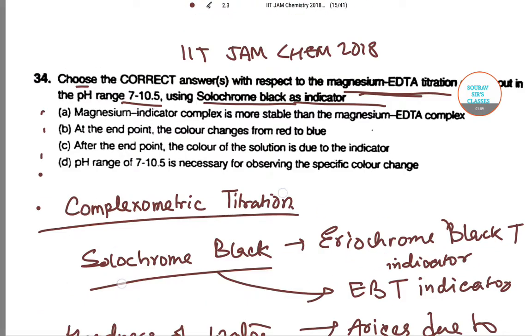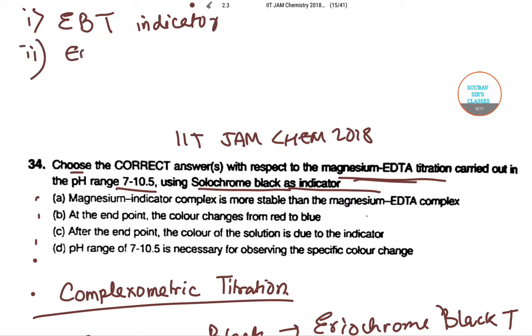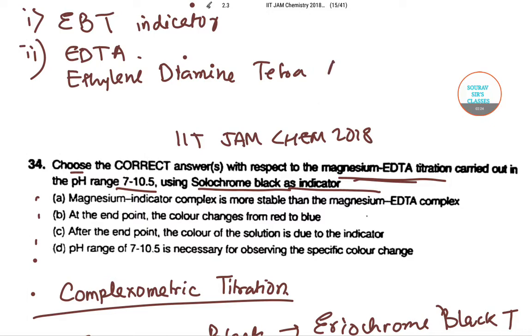The compounds we will use are first Eriochrome Black T or EBT indicator, and the second will be EDTA or ethylene diamine tetraacetic acid.